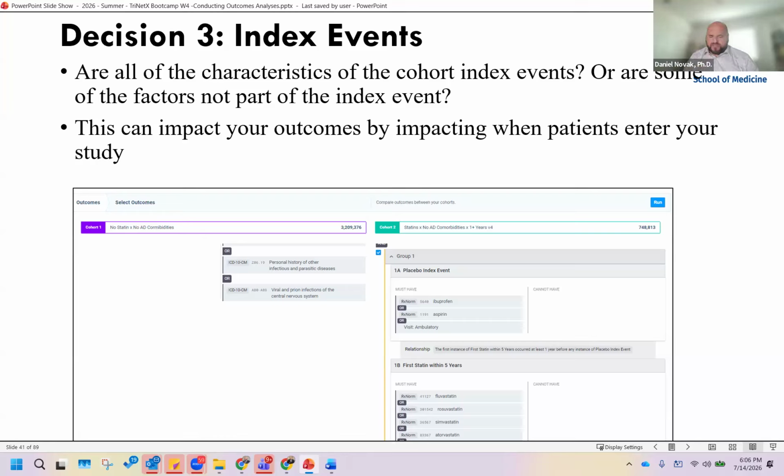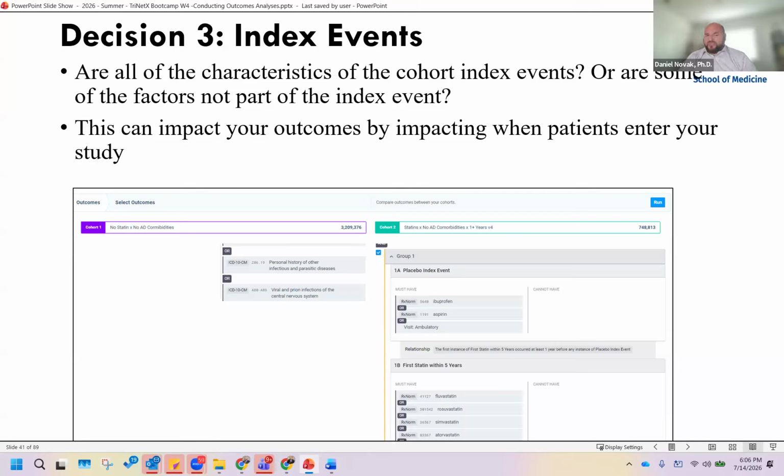If you go back to our last session, I went through a couple of examples of how that can impact things. So your index events, what is included as part of your index event, whether it is when they're diagnosed with the disease or when they are given a medication, can have severe impacts. This can also severely impact bias.